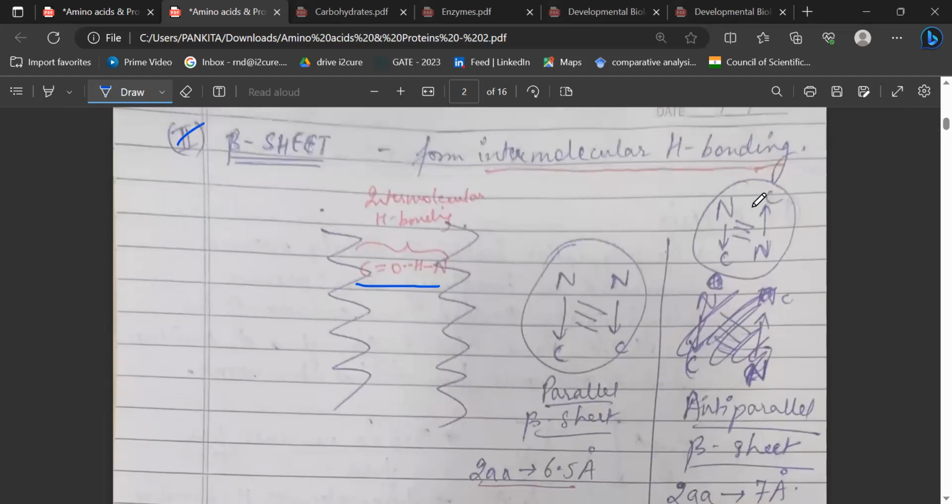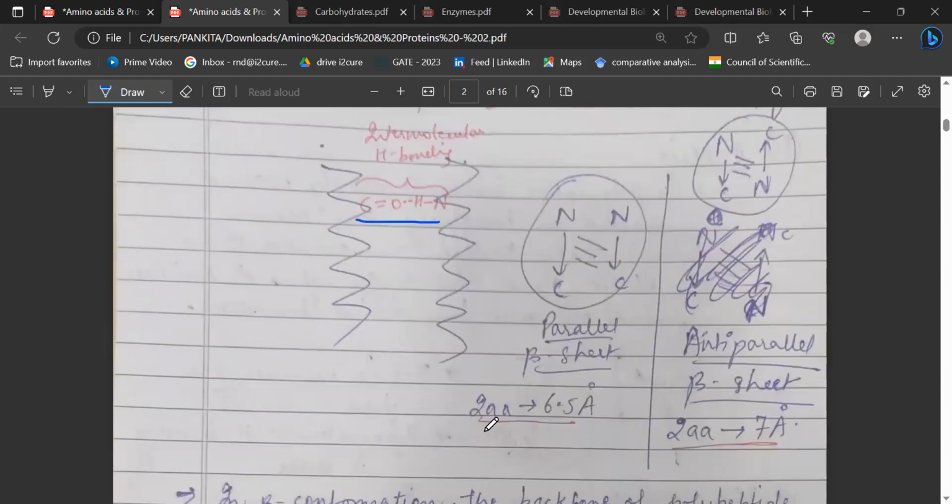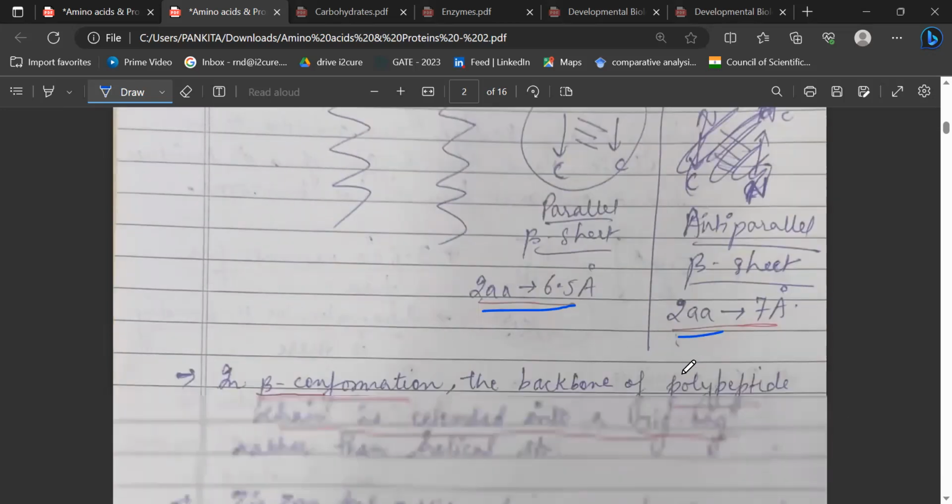But in case the opposite terminals are present, like N terminal is at the top and C terminal is at the bottom, and in the second chain, C terminal is at the top and the N terminal is at the bottom, that will be the anti-parallel beta sheet. Between two amino acids, the distance is 6.5 angstrom in parallel beta sheets and 7 angstroms in the anti-parallel beta sheets.